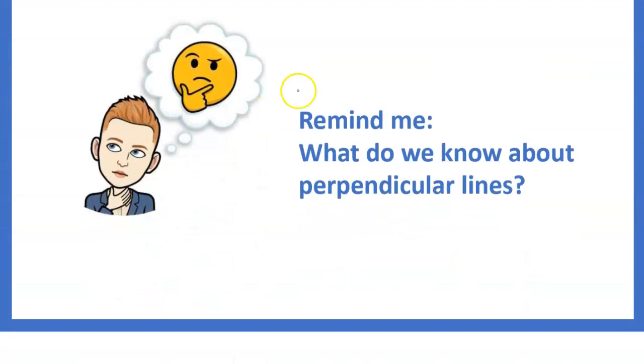So remind me again, what do we know about perpendicular lines? Specifically, what do we know about the slopes of perpendicular lines? Do you remember? We learned it a couple of lessons ago. We talked about perpendicular lines having opposite reciprocal slopes.